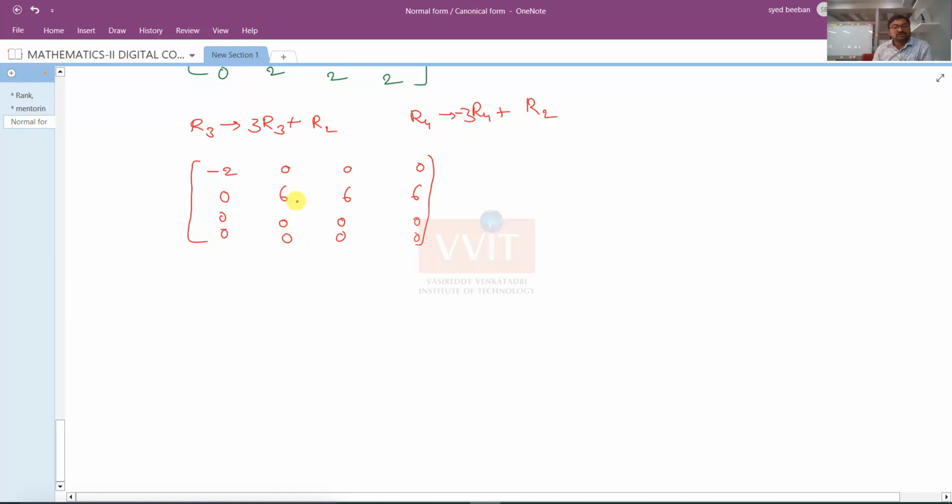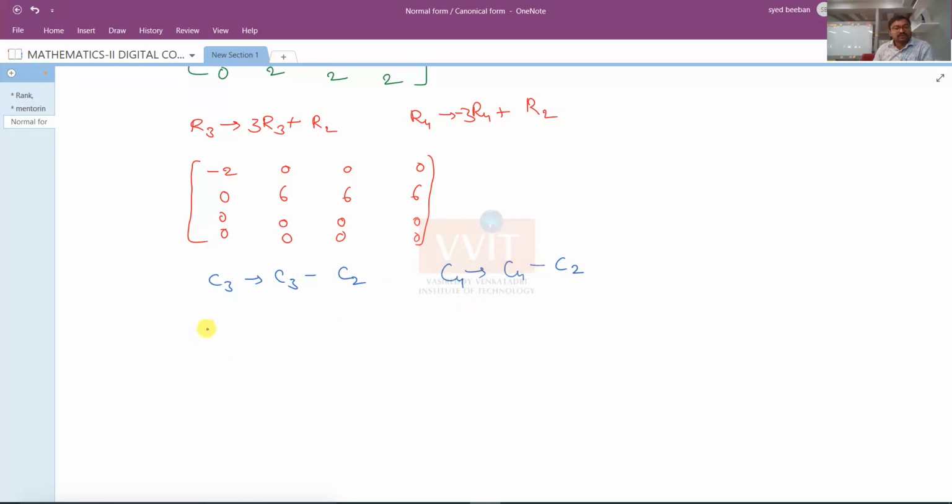Now below is 0, so beside I'm supposed to get that. So I need to check R3, sorry C3, C3 based on C2, C4 based on C2. Here both are the same, meaning only change the sign.